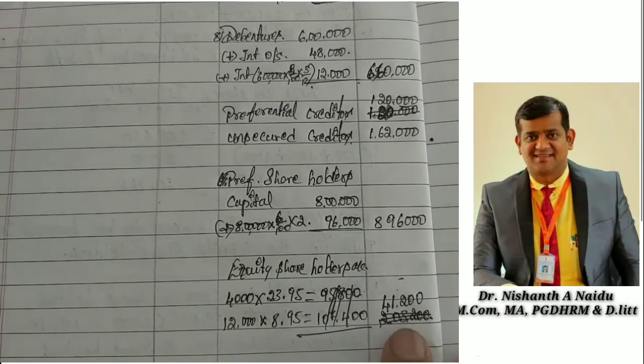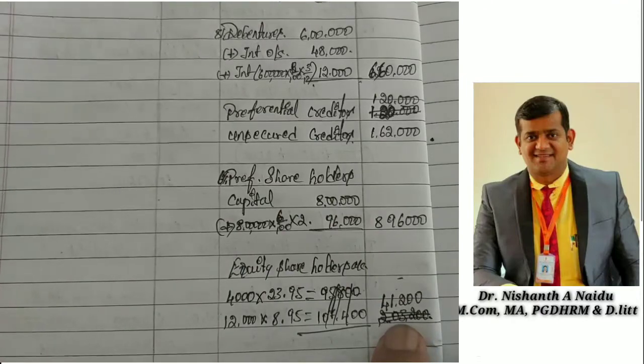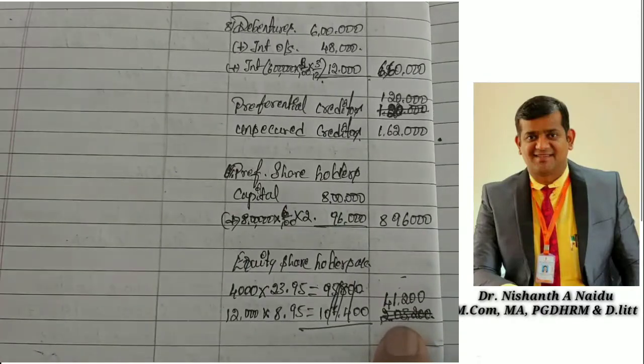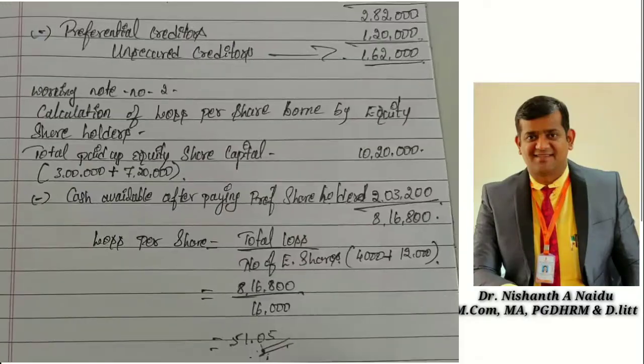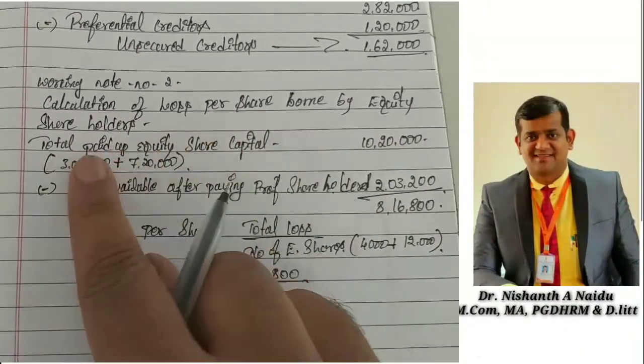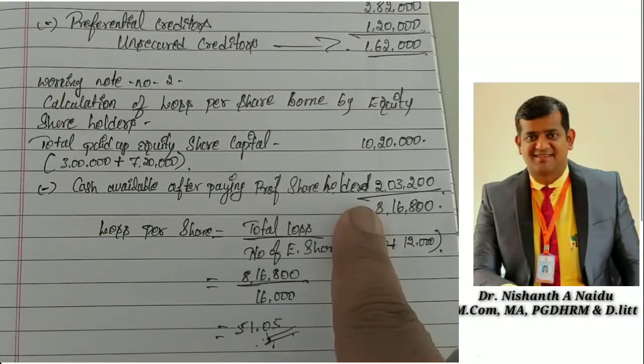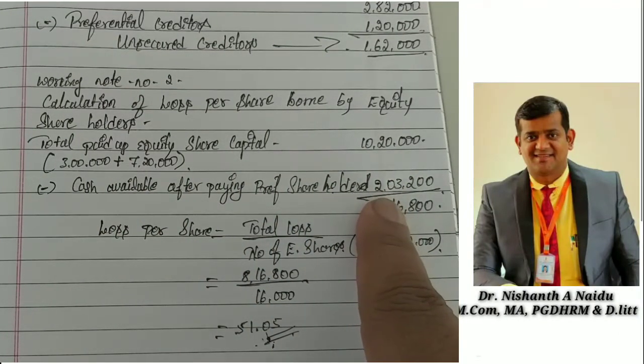Okay, so how much cash do we have after paying preference shareholders? 41,200. The same working note applies. So what are we going to do here? Calculation of loss borne by equity shareholders: paid up share capital, cash available after paying shareholders. How much are we going to write here?